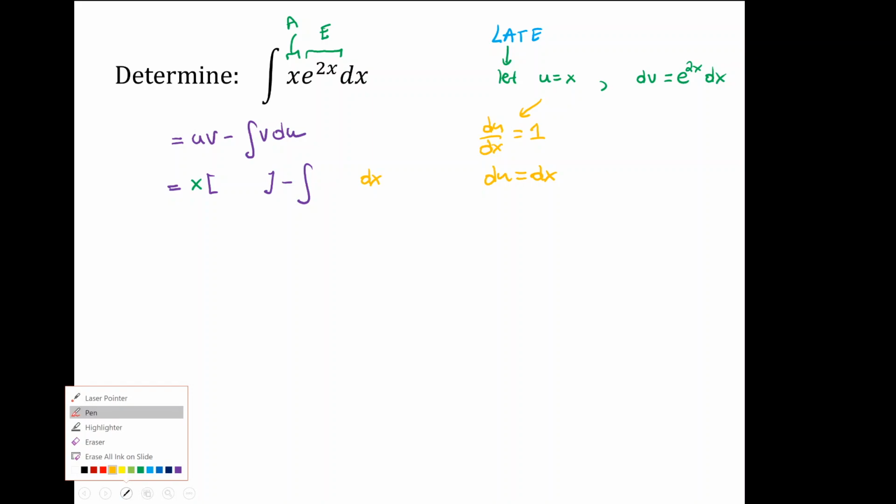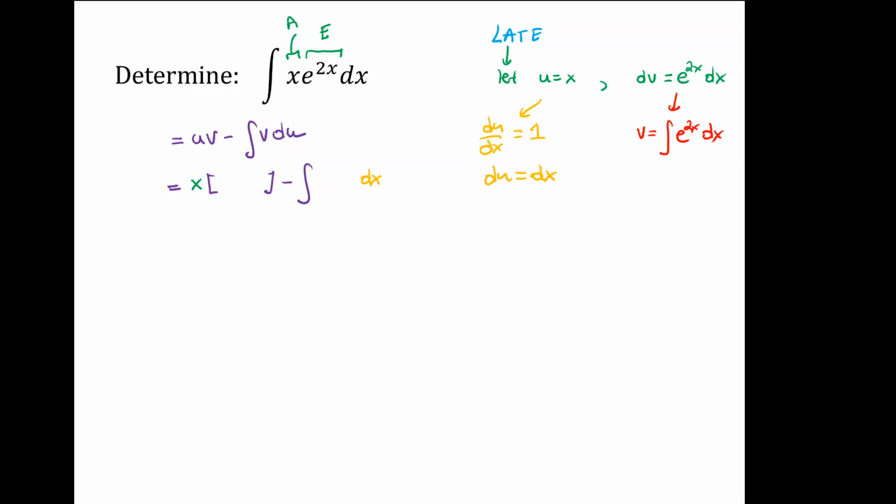Okay, now we need to integrate dv to get v. v is the integral of e to the 2x dx. Use substitution. Substitute w equals 2x. The reason why I use w for substitution is revealed at long last.